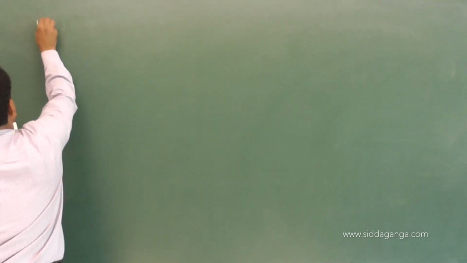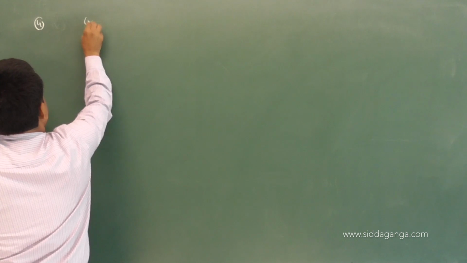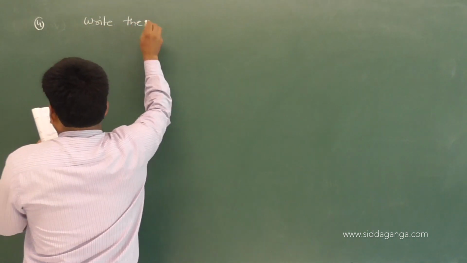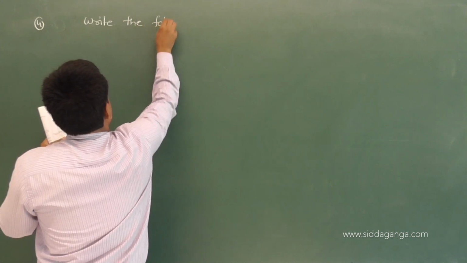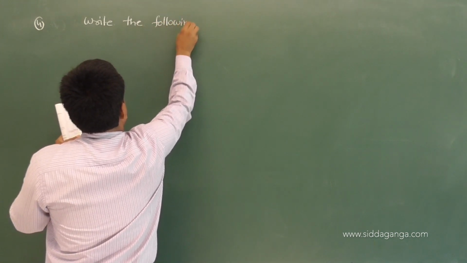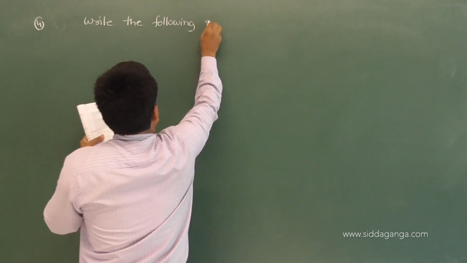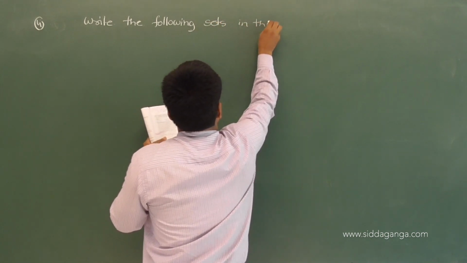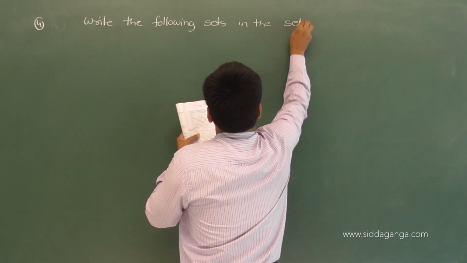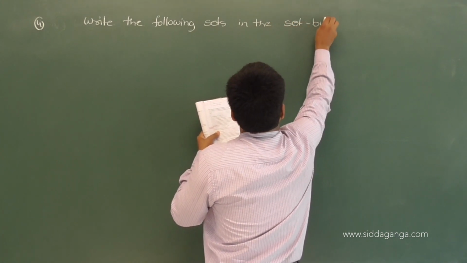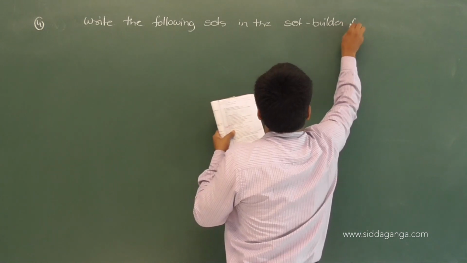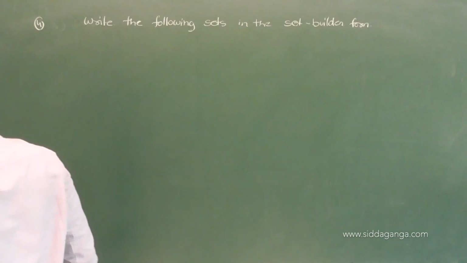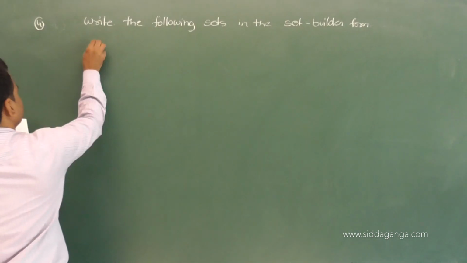Fourth main, what we ask: write the following sets in the set builder form. Under that, the first question.